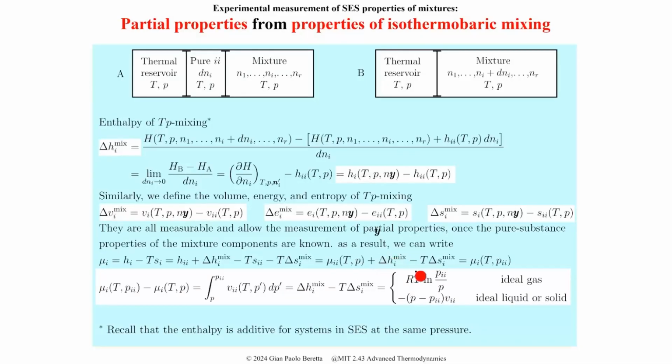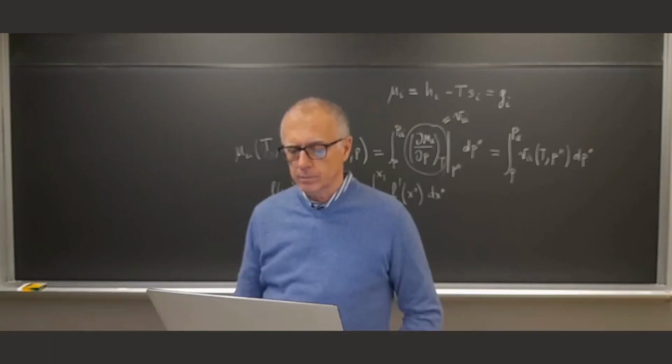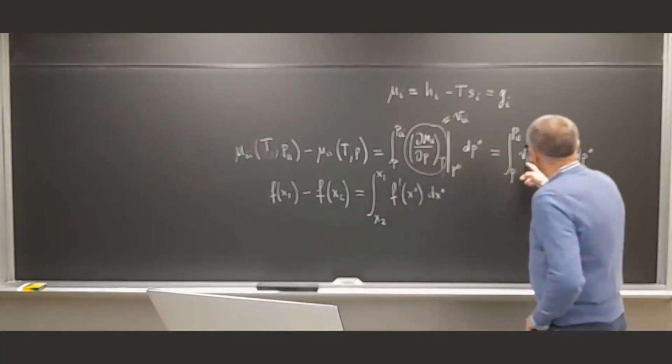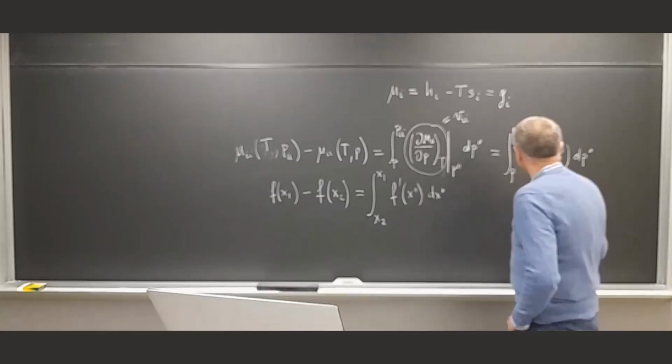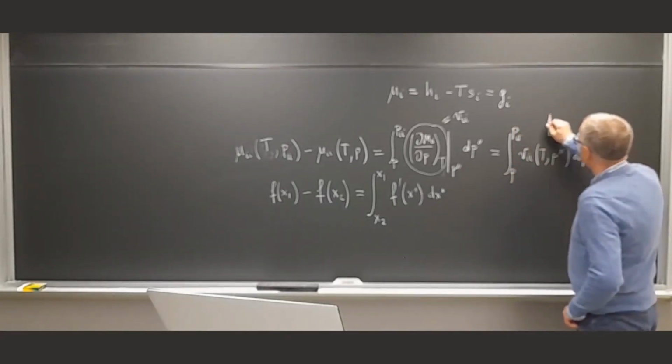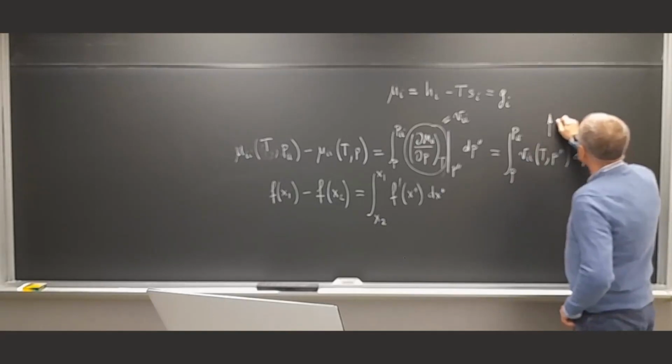But above, we've seen that this difference in chemical potentials is equal to delta H mix minus T delta S mix. Okay. Now look at this volume.